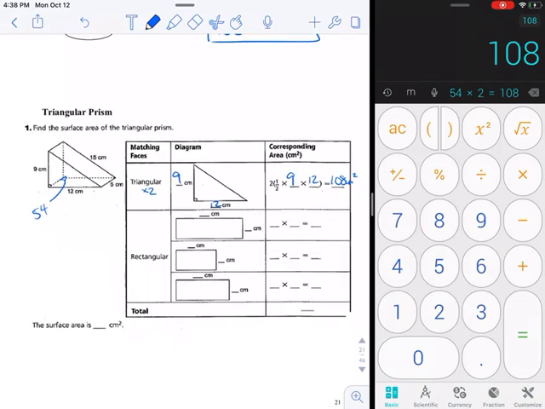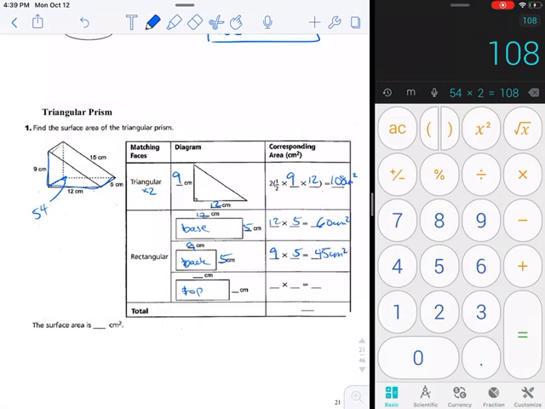Then we have 3 different rectangles. Okay, we have the base, we have the back, and then we kind of have the top part. So the base is a 12 by 5. So that's just 12 times 5, which is 60 centimeters squared. The back is 9 times 5, which is 45 centimeters squared.